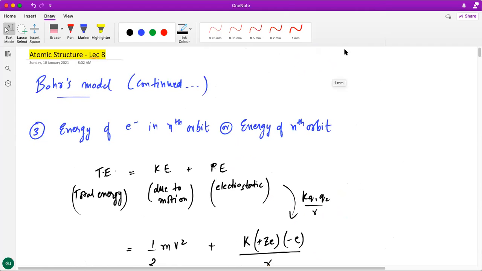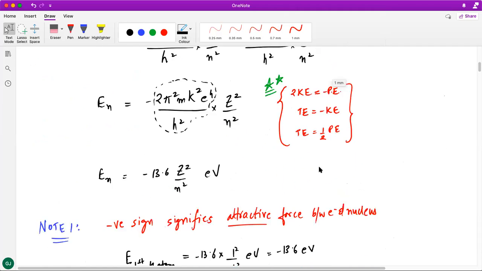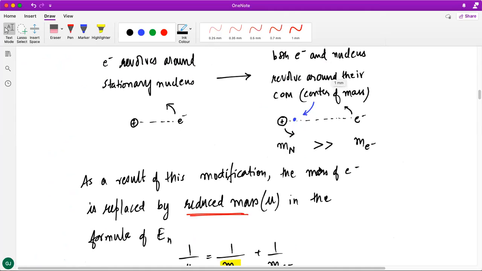हाँ बोलो तौसीफ. सर ये जो बोर्स मॉडल था, इसमें हम लोगों ने सेंटर ऑफ मास के बारे में देखा कि न्यूक्लियस और इलेक्ट्रॉन, ऐसा नहीं है कि इलेक्ट्रॉन न्यूक्लियस के अराउंड रिवॉल्व करता है, दोनों एक सेंटर ऑफ मास के अराउंड रिवॉल्व करते हैं. और आपने बोला कि ये सेंटर ऑफ मास न्यूक्लियस के बहुत करीब है, क्योंकि न्यूक्लियस का मास बहुत ज्यादा है as compared to electron.